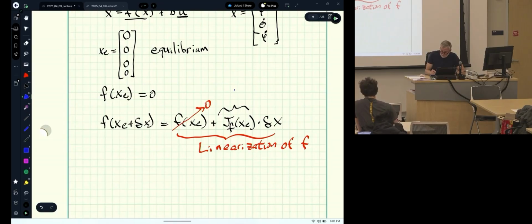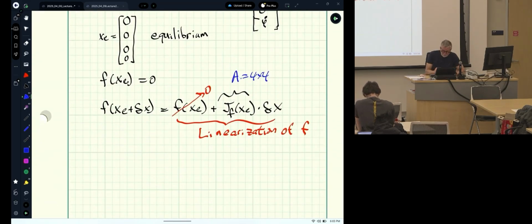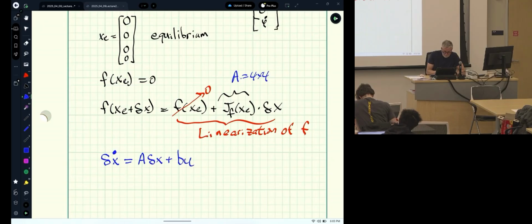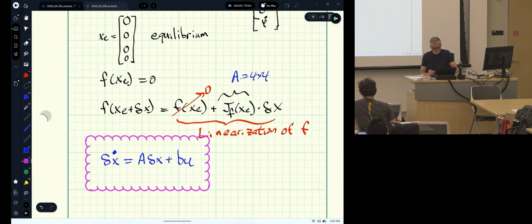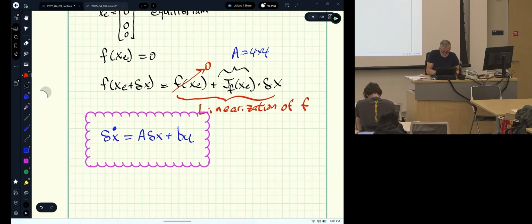And this is just a constant matrix. It's 4 by 4. And you can derive then that we have a linear approximation of the nonlinear model. So this is a linear approximation of the differential equation.